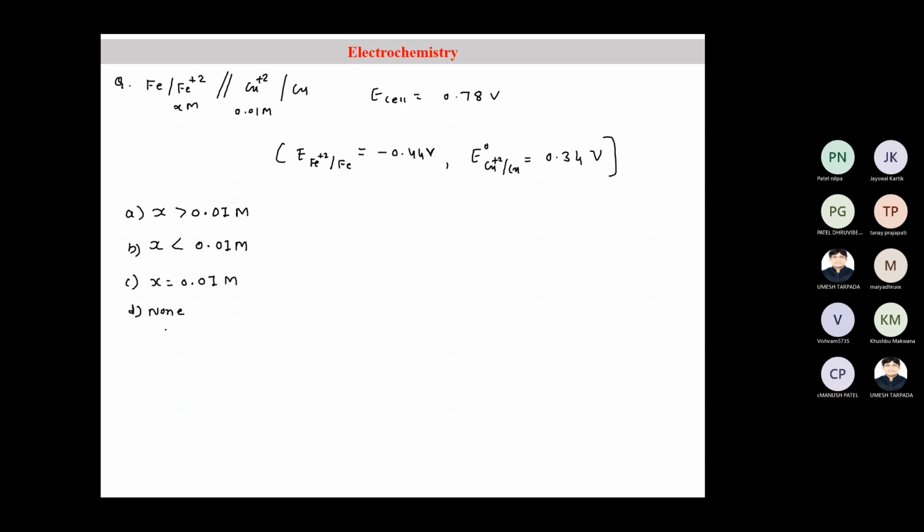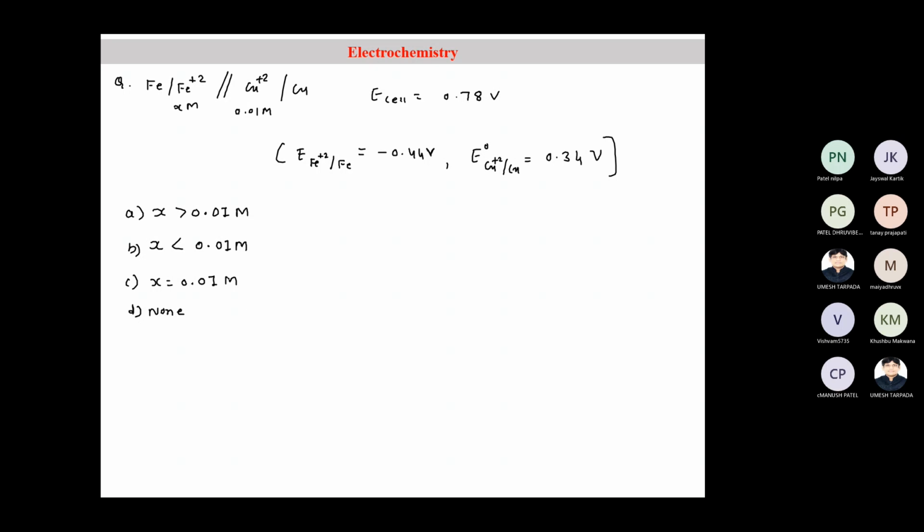Now which one is the correct one? How to solve it?